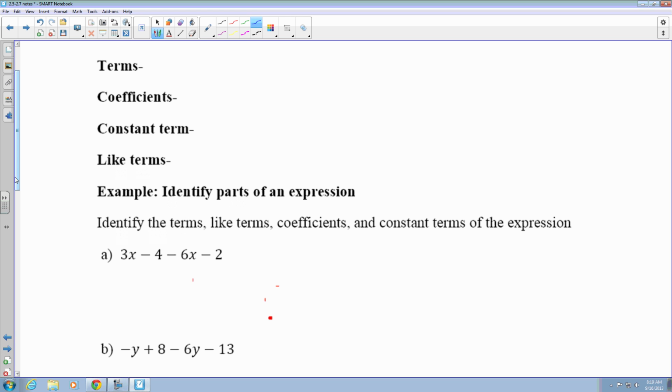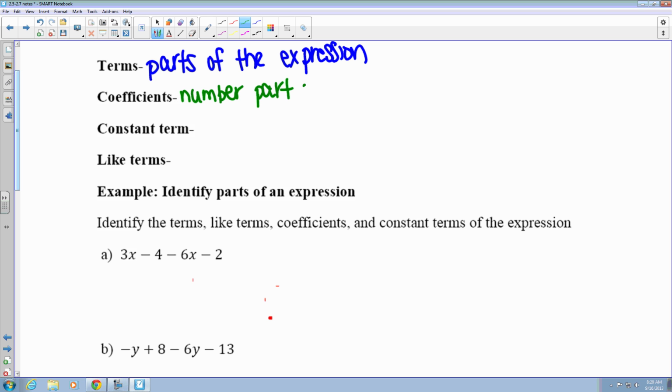Okay, so now there's some different terms we need to learn. When we have an expression, like any of the ones we just were distributing, the terms are the parts of the expression. The coefficient is the number part of a term with a variable.